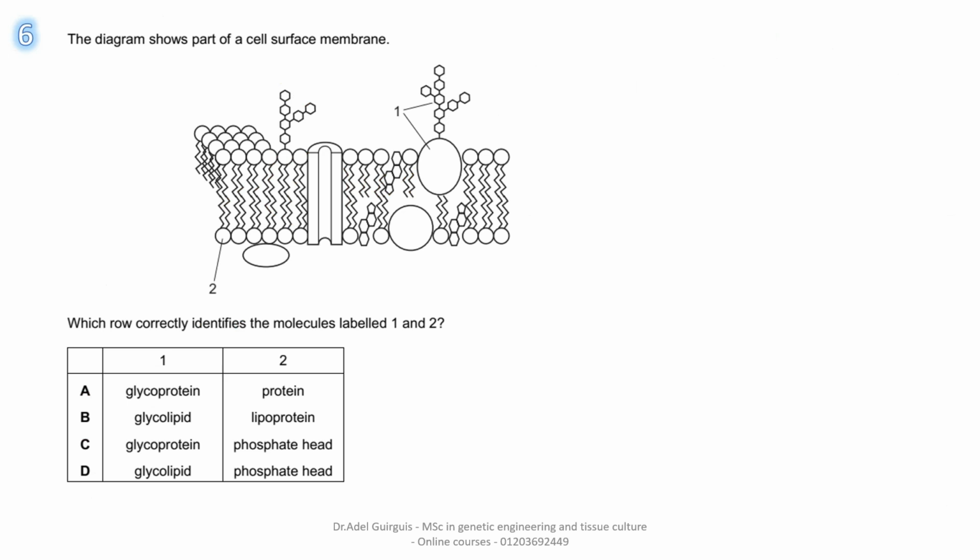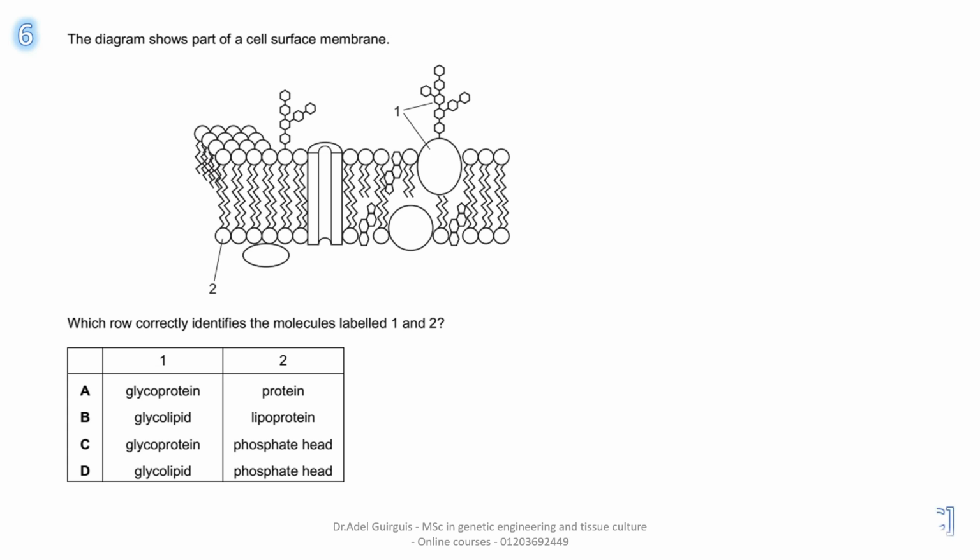Number 6. The diagram shows part of a cell surface membrane. Which row correctly identifies the molecules labeled 1 and 2? Number 1, glycoprotein. Number 2, phospholipid head, phosphate head.